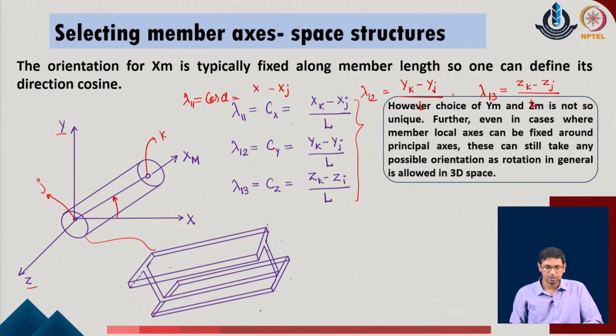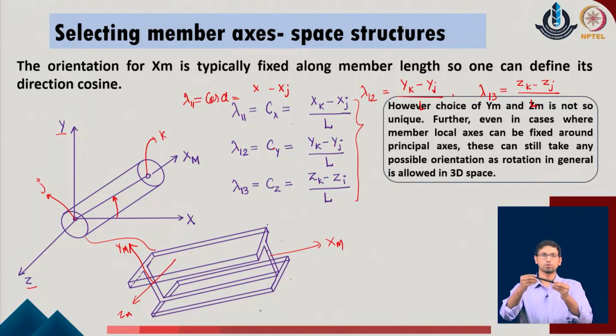So, now if you come up with say an I section like this, and I consider that this is being modeled as a structural or a skeletal system, this will be my x of m, the member coordinate or the member direction. Now, in order to get the y and z axis of the given system, the user has a very clear choice that y axis has to be along one of the principal axis of the system and the z axis has to be along the second principal axis of the given system.